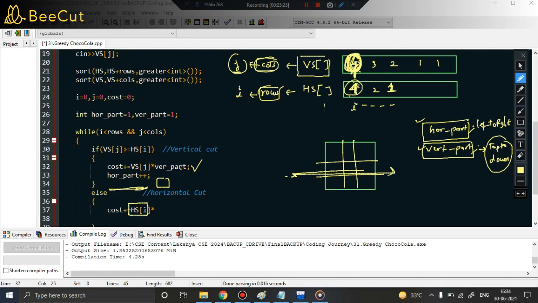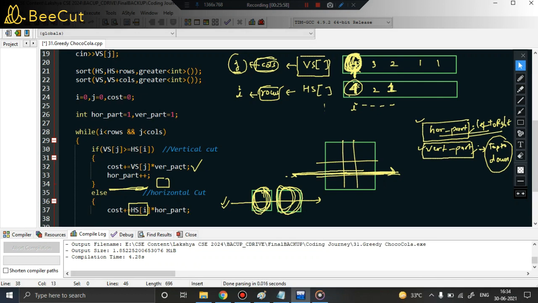Suppose I am using this knife, cutting along the horizontal side, and it will depend upon the number of parts horizontally, because I have chocolate blocks separated like this. So the cost of this edge into the number of horizontal parts. How many parts are there along the horizontal? Horizontal means left to right.